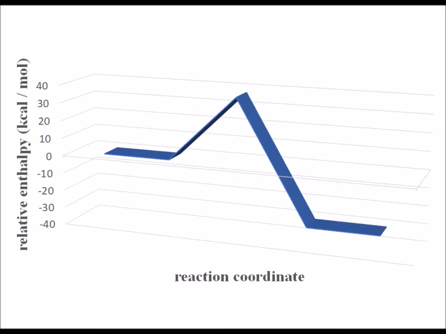Here is a potential energy diagram for an SN₂ reaction. Along the x-axis, we have the reaction coordinate, which goes from left to right as the reaction proceeds. Along the y-axis, we have the relative enthalpies in units of kcals per mole, and the reactants are set to be the reference of 0.